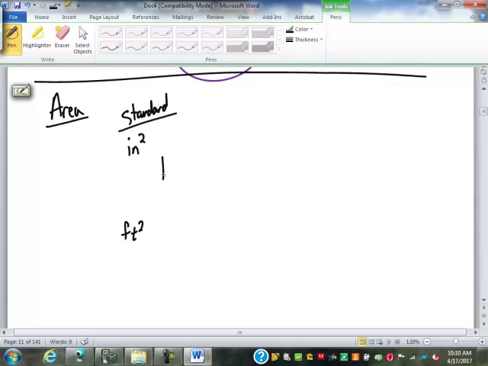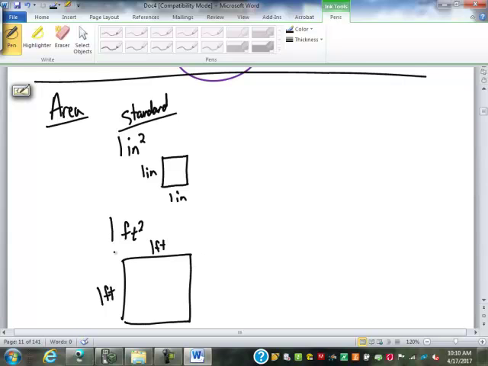A square inch is defined to be 1 inch by 1 inch. That's 1 inch squared. A square foot, obviously not drawn to scale, is 1 foot by 1 foot. That's 1 square foot.